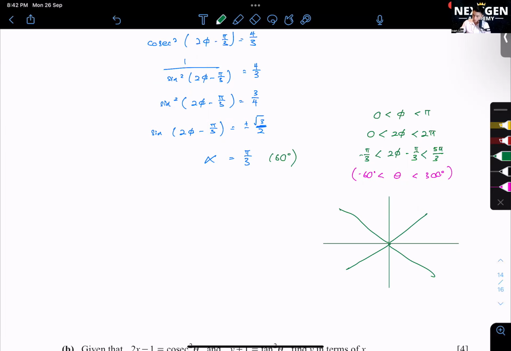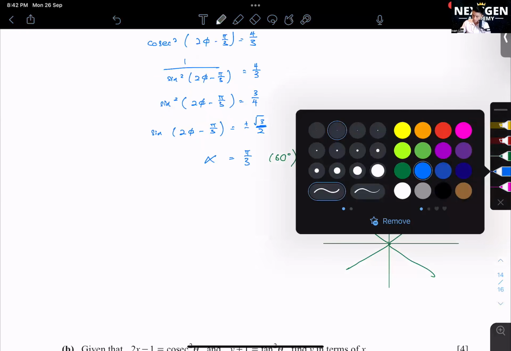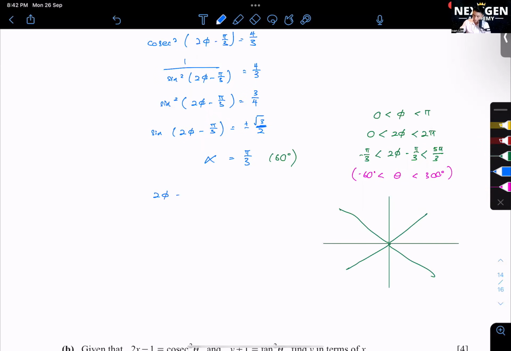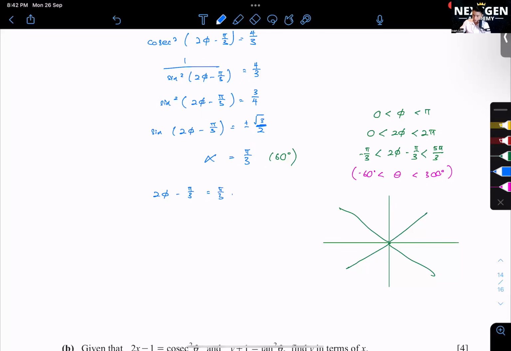So just 2 phi minus pi over 3. From first quadrant, you get pi over 3, 2 pi over 3, 4 pi over 3, 5 pi over 3.